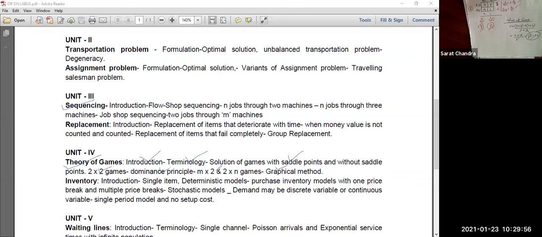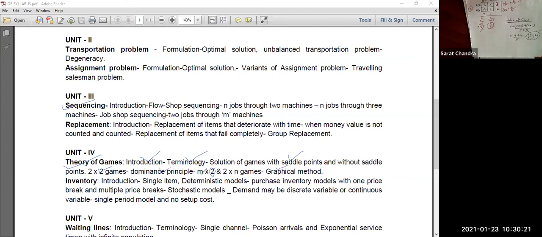M into 2 games means, whatever the problem we have just solved, there should be 2 columns and any number of rows. Last class we solved 2 into n games, meaning 2 rows and any number of columns. What is the difference between these two?